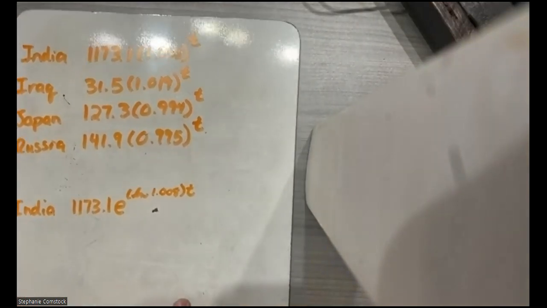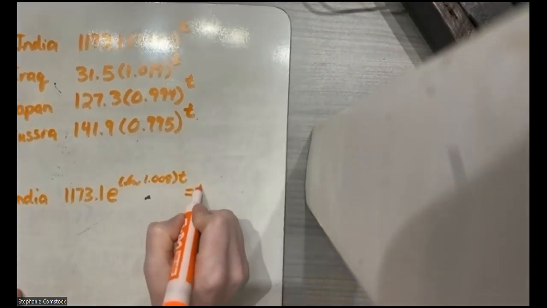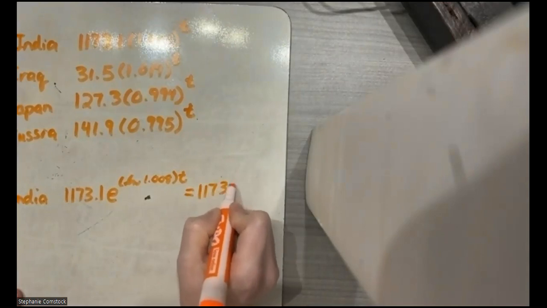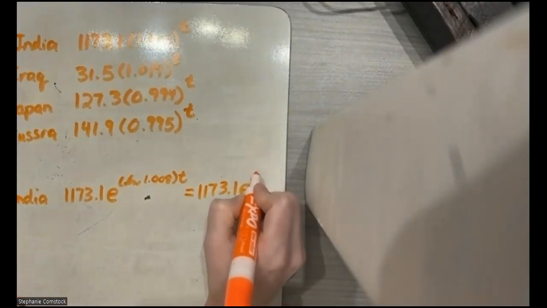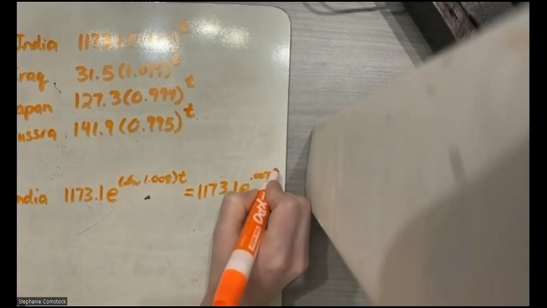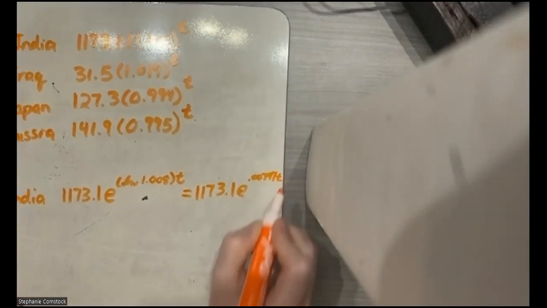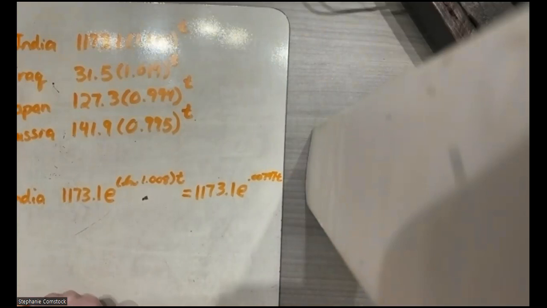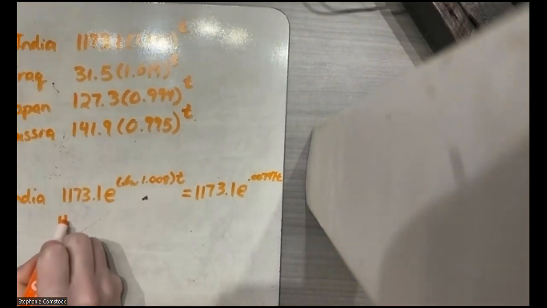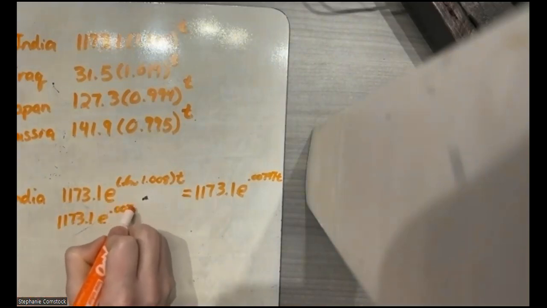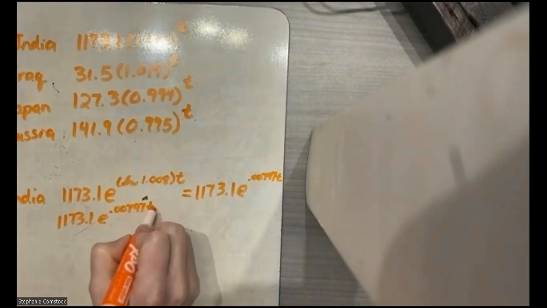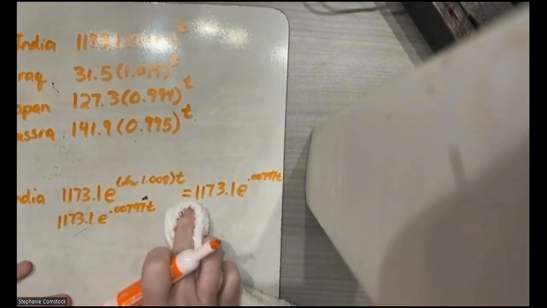And so that is going to come out to be 1173.1 e to the 0.00797 t. I realize my numbers are getting kind of smaller, so let me break that down a little bit. We get 1173.1 e to the 0.00797 t for that one.